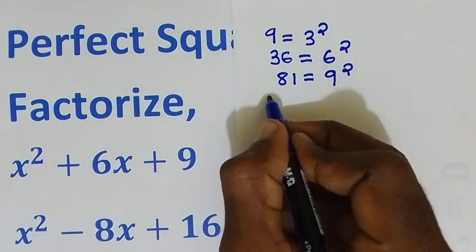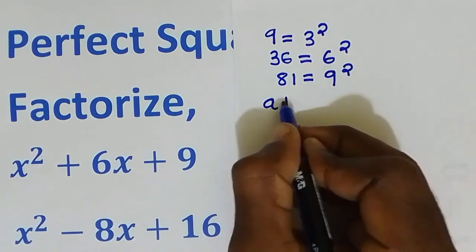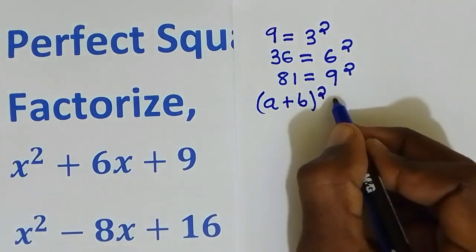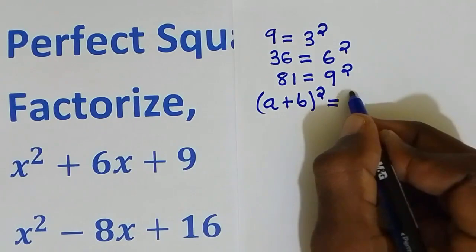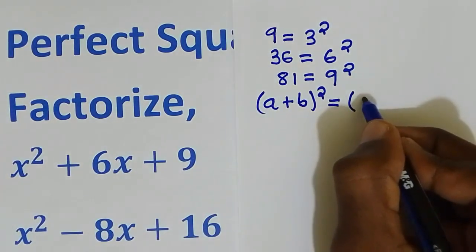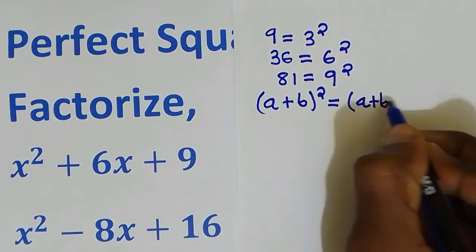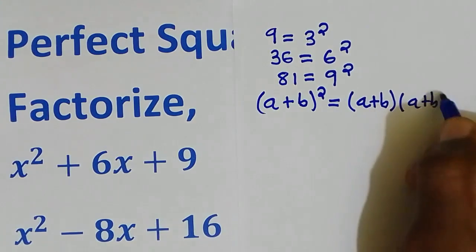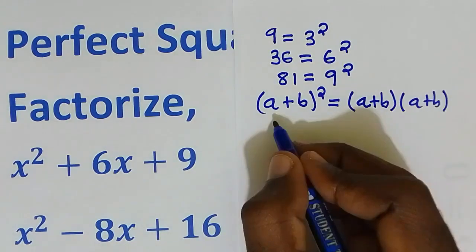So the same way, if we have (a plus b) squared, this is a perfect square because it is the same as (a plus b) multiplied by (a plus b) again.